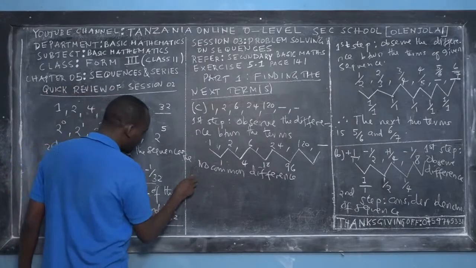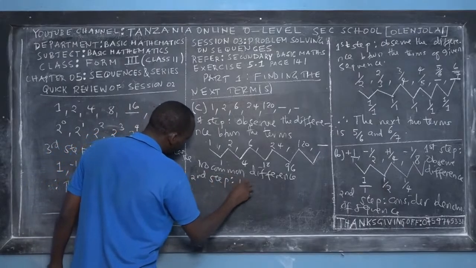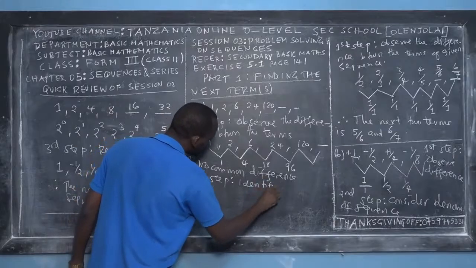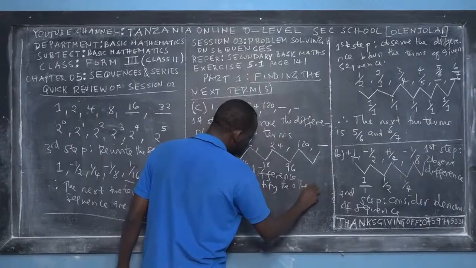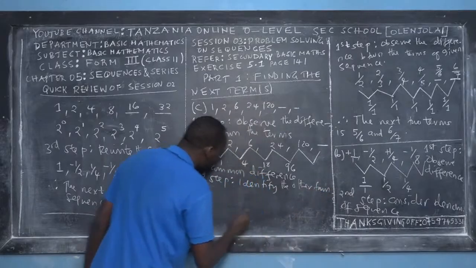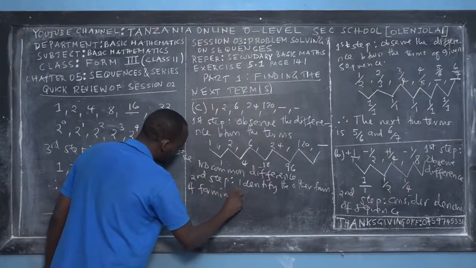So you go for the second stage. Second stage, we say that identify the other form of forming the same sequence.